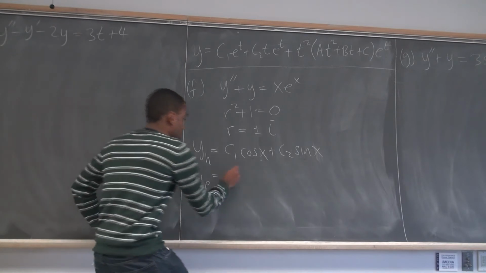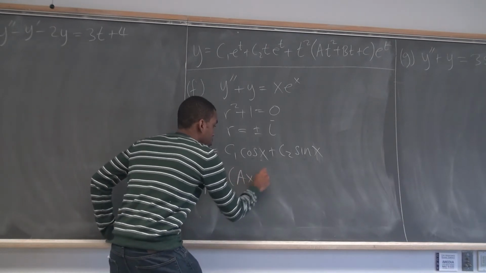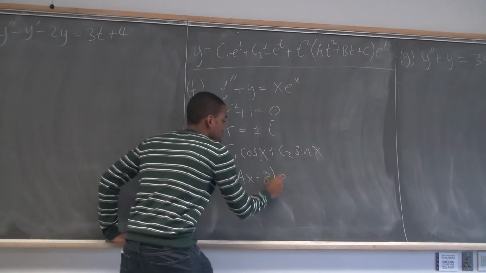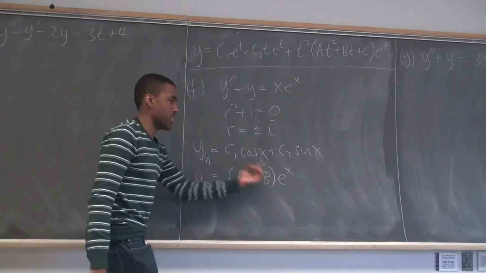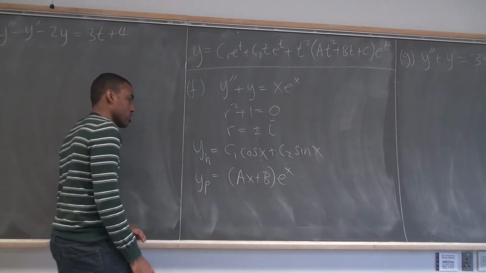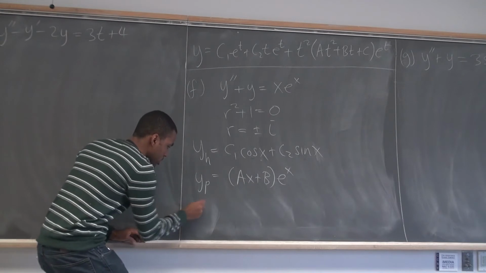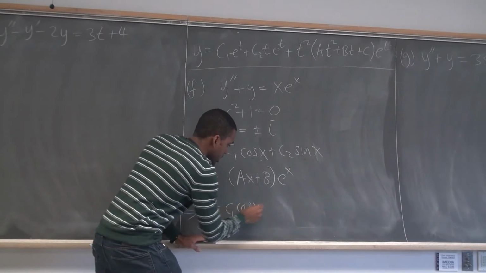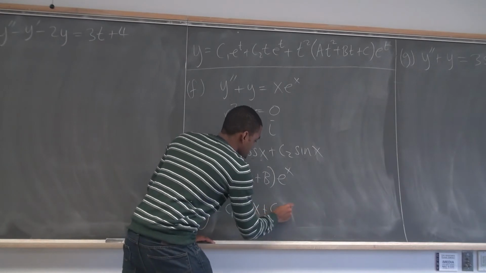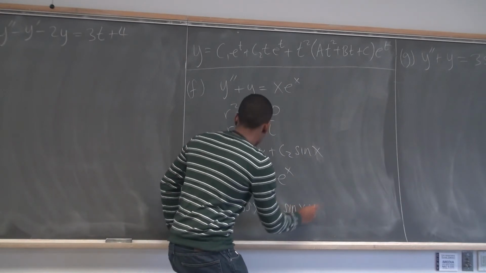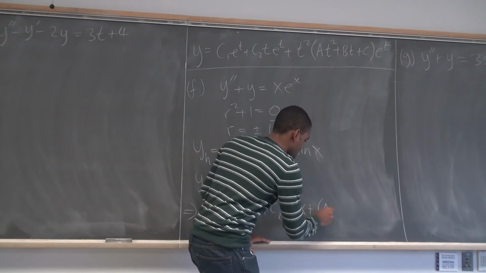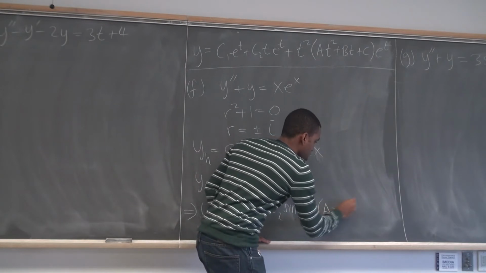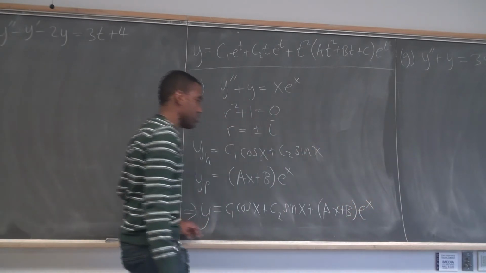AX plus B, times e to the x. It obviously doesn't look like any of those, so the general solution will have the form C1 cosine x plus C2 sine x plus (AX plus B) e to the x.